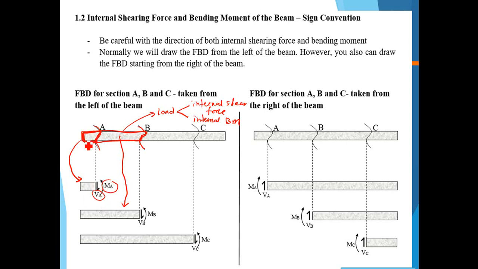Same thing here: the internal force goes downward, and the bending moment is counterclockwise. That is what we call the sign convention.